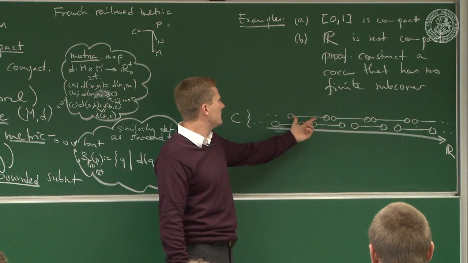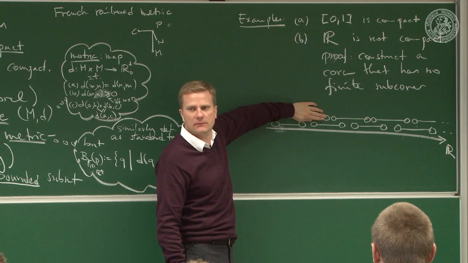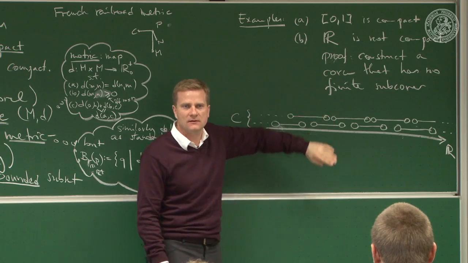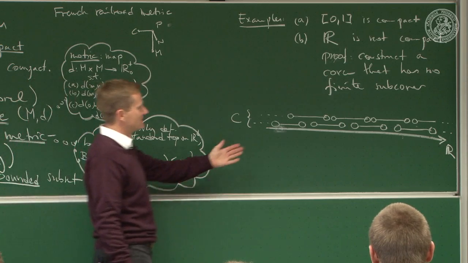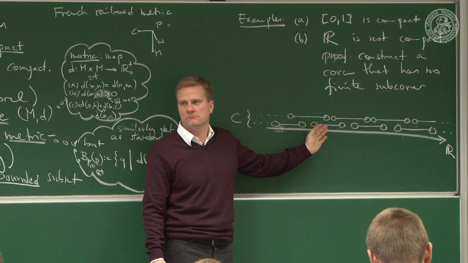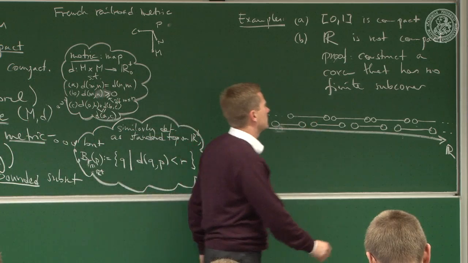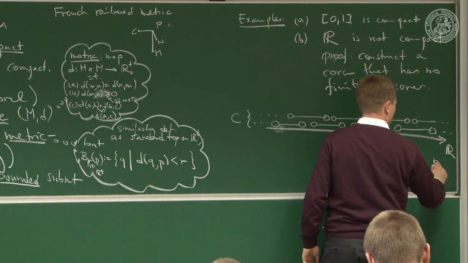But if you take only one of them away, the cover property is violated. You can take many, but there is not even an infinite subset that is still a cover. Much less is there a finite subset that's still a cover. Hence, not compact.